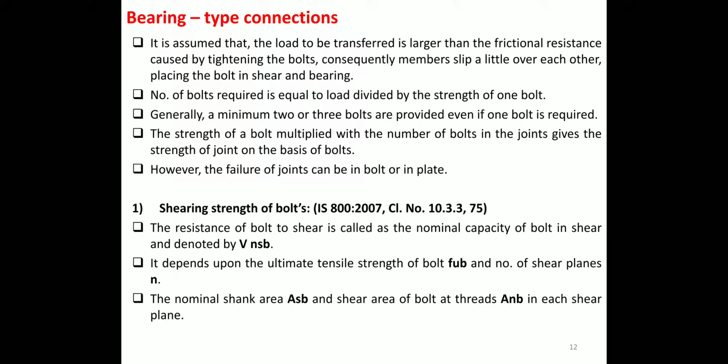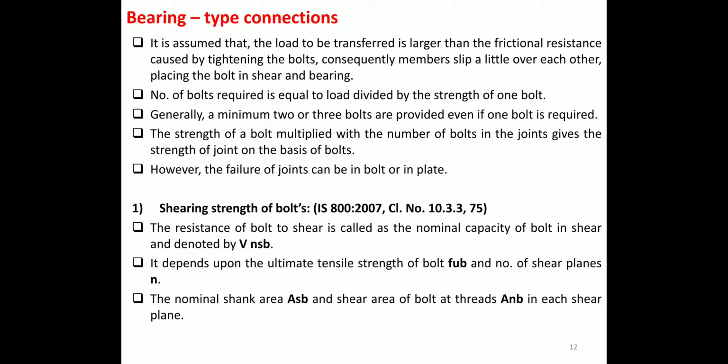Next, number of bolts required is equal to the load divided by strength of one bolt. We can find out the number of bolts, where the numerator is load and the denominator is strength of one bolt.